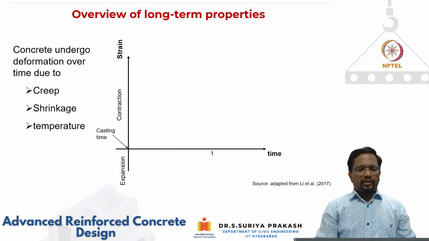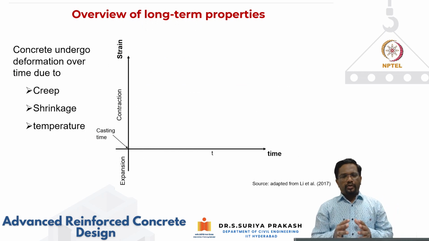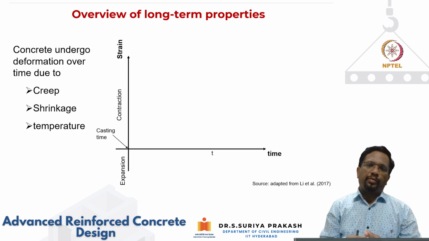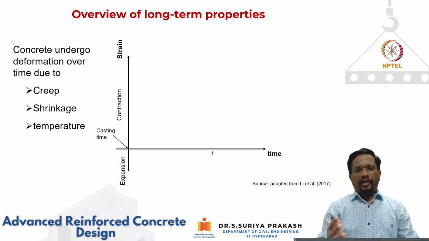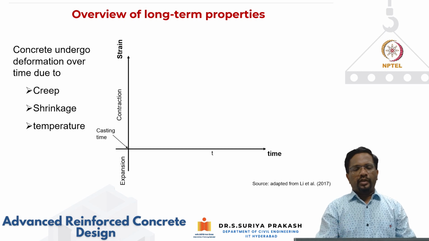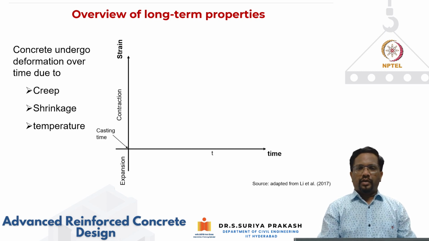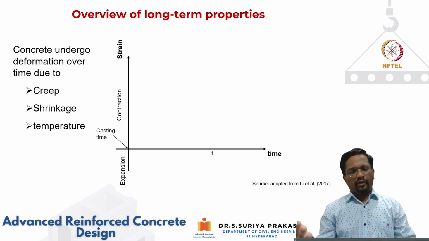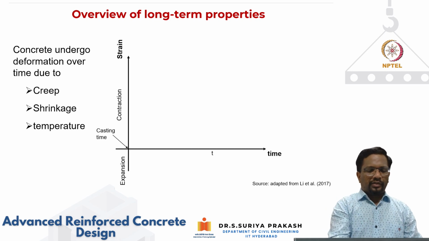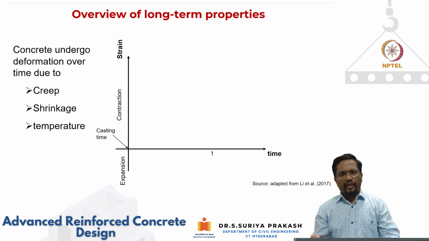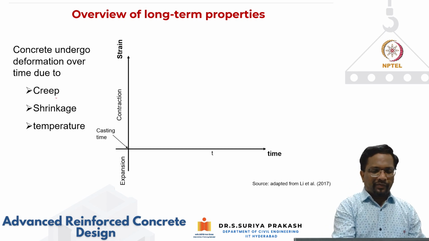Correct. So now let's briefly talk about how the concrete properties are going to change in the long term. Okay. All the mechanical properties that we estimate, we always talk about short term properties. However, the concrete undergoes some changes in the long term. So that we need to understand clearly. There are three phenomena that we need to account for. One is the creep effect.